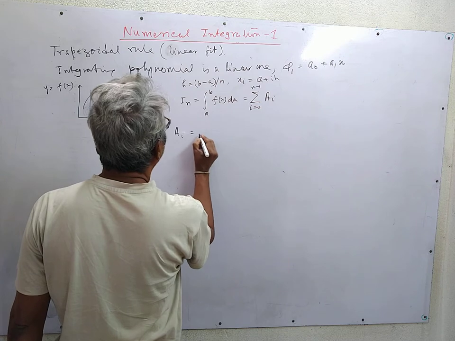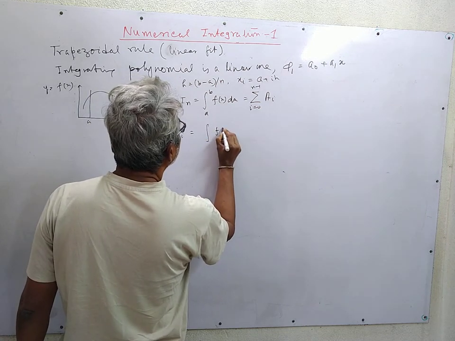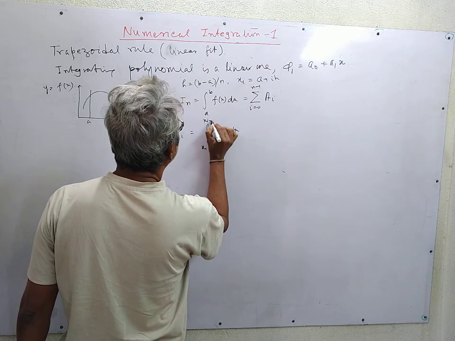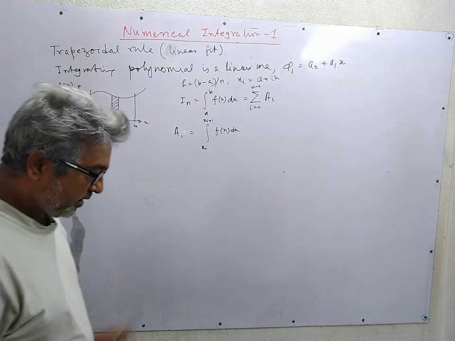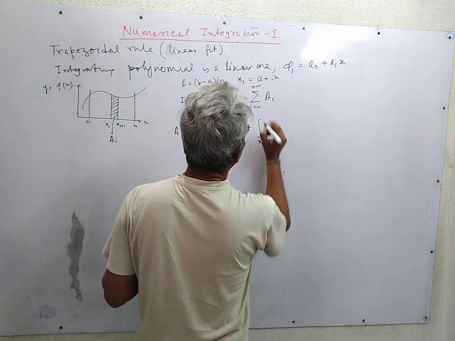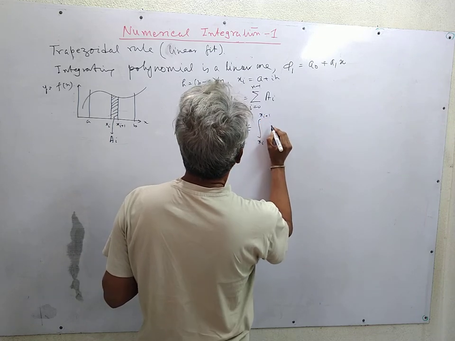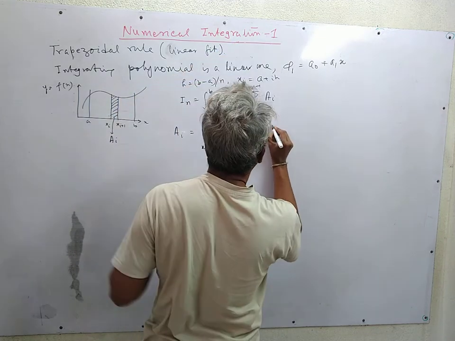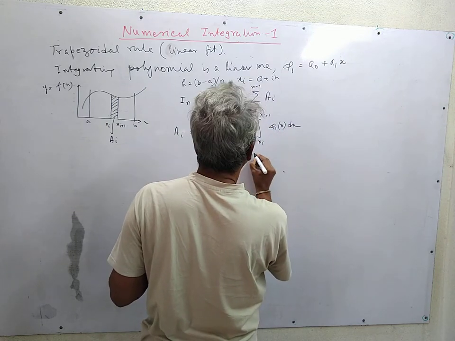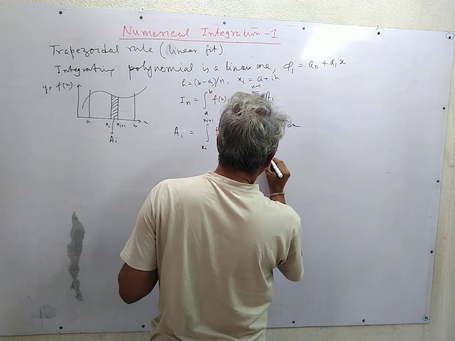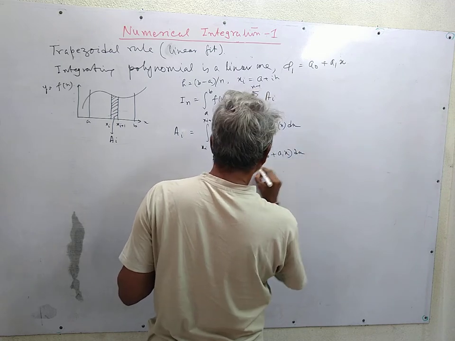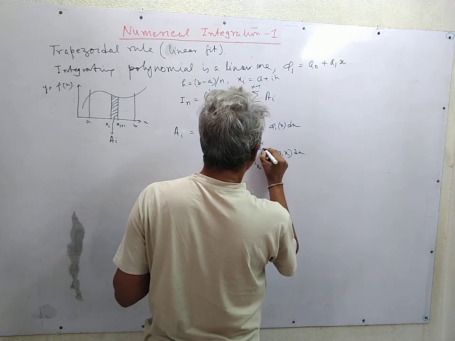So to say, Ai is the integral of f(x) dx between xi and xi plus 1 had it been exact, but in the trapezoidal rule this is replaced by the integral of phi 1 of x dx, which is equal to the integral of a0 plus a1 x dx from xi to xi plus 1.